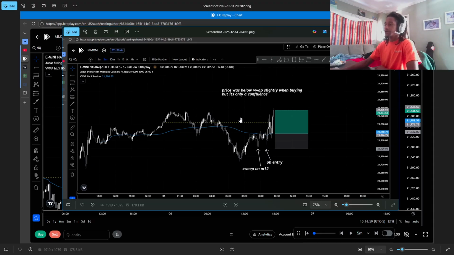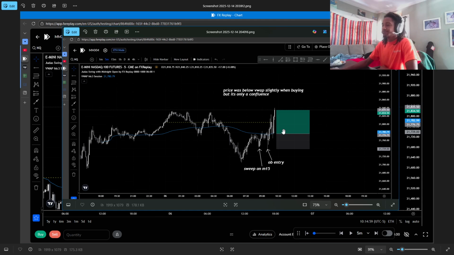Sometimes I'll enter on a 1-minute chart. It just depends. That's a little bit discretionary for me. It's safer to probably just enter on a 5-minute, but sometimes I'll enter on a 1-minute chart if the 5-minute is kind of sloppy and it's not clear. Sometimes I'll go down to the 1-minute and get more information and it becomes a little more clear for me.